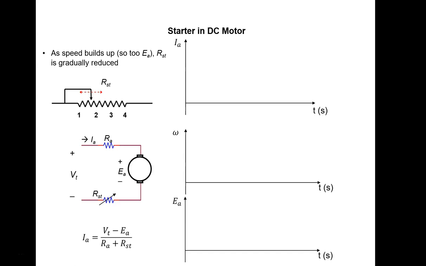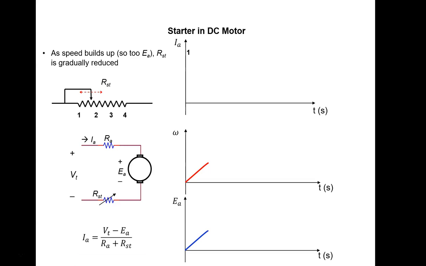Let's see how the armature current, the speed and the back EMF change as we change the position of the wiper from 1 to 4. Initially the wiper will be at position 1. The speed of the motor will increase from 0, so too is the back EMF EA.